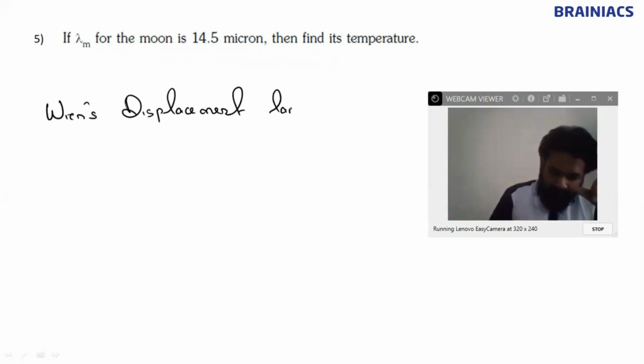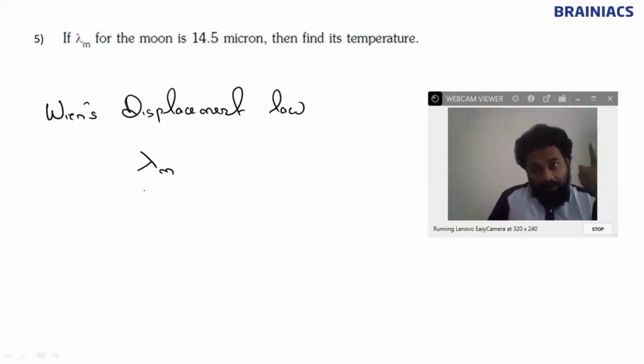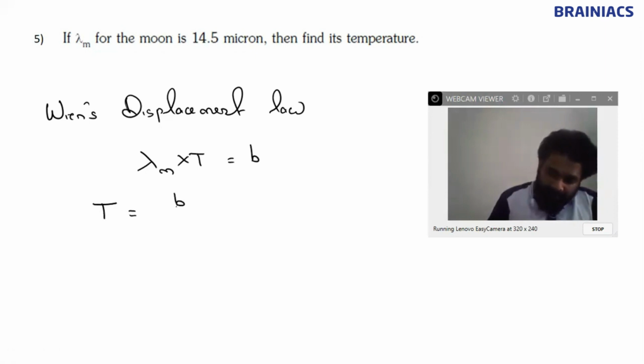Lambda m, that is not the maximum wavelength but the wavelength corresponding to maximum intensity, into T is equal to Wien's constant. So in order to find the temperature, T is B by lambda m. What is B? Wien's constant is 2.89 into 10 raised to minus 3.